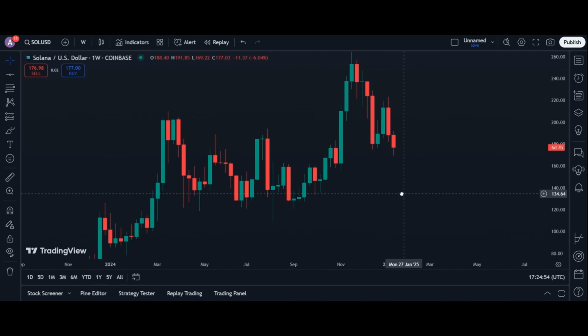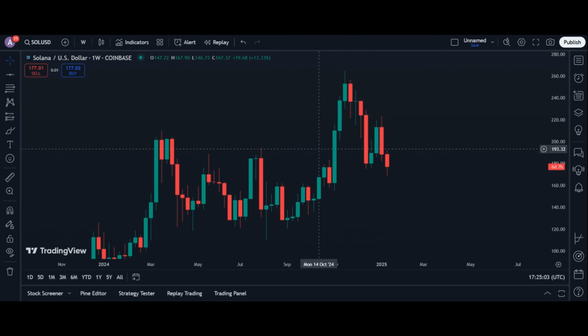And we can see in the weekly time frame, from September till December, there was an uptrend, and the price increased from approximately $120 till approximately $265.